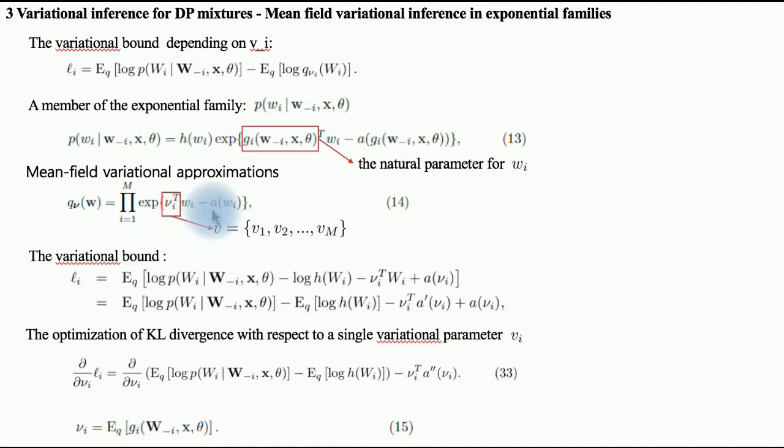of distributions. The variational bound is simplified again with P of W and Q of W as follows.